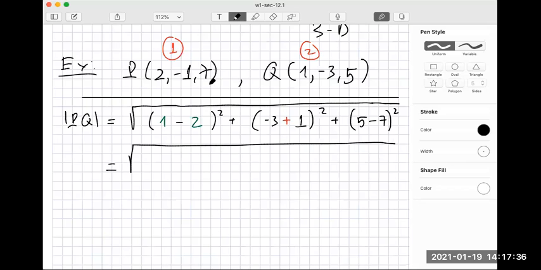In your point of view, you may call P the second point and Q the first point. Then it could be 2 minus 1 squared plus, yes, negative 1 plus 3, or the last one will be similar.